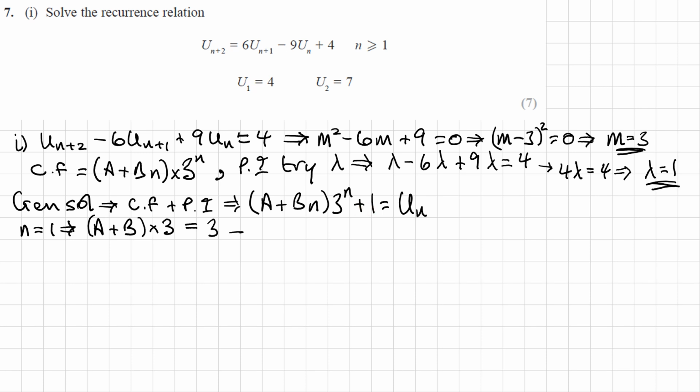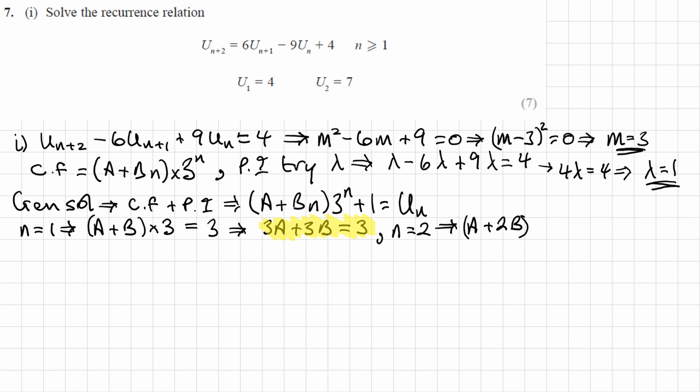So that gives me 3a plus 3b is equal to 3. So let's just highlight that for a minute. And now I'm going to make n equal to 2. And when I've got n equal to 2 in here, I'll have a plus 2b.